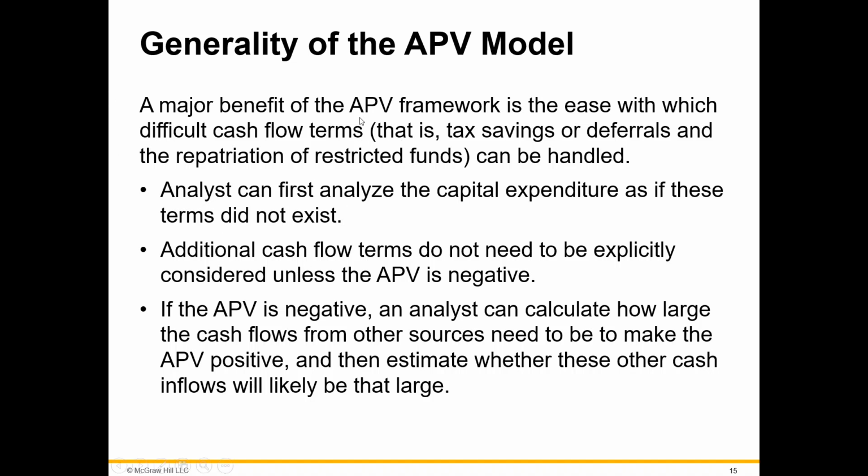If we think about APV, positive APV means do it, negative APV means don't. A lot of these subtle foreign cash flow points are positive. So this commissary loan factor is generally going to be positive, and the restricted funds are generally going to be positive.